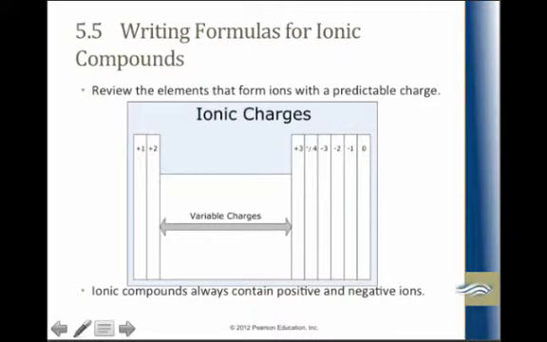When we're writing formulas for ionic compounds, we need to make it electrically neutral. Electrons will transfer from the metal to the nonmetal. We can't have fractional electrons. It has to be a whole number exchange. So we make the charges equal, the positives and negatives.